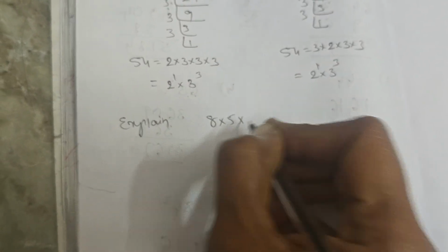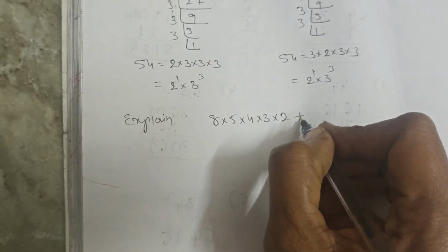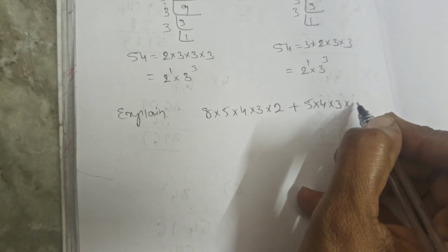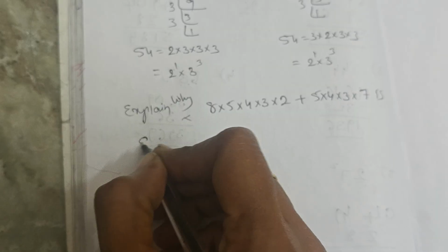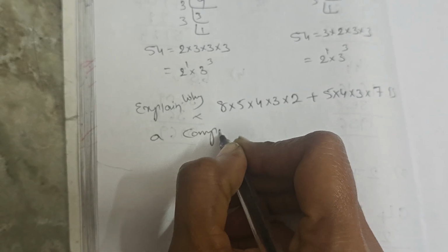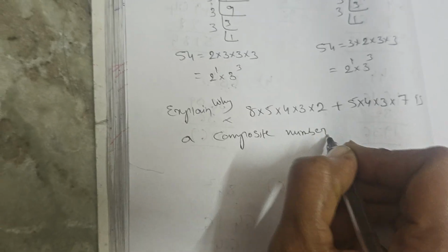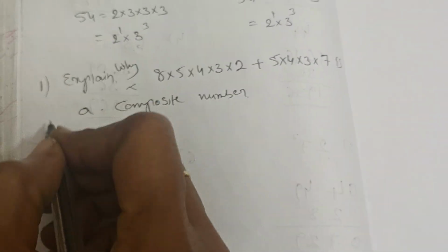8 into 5 into 4 into 3 into 2 plus 5 into 4 into 3 into 7. Explain why it is a composite number. They are saying it is a composite number, but you have to explain why it is a composite number. Here we have two methods.